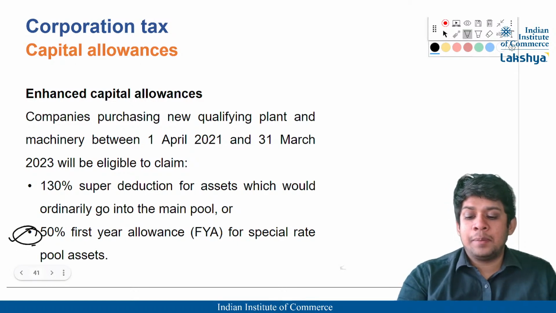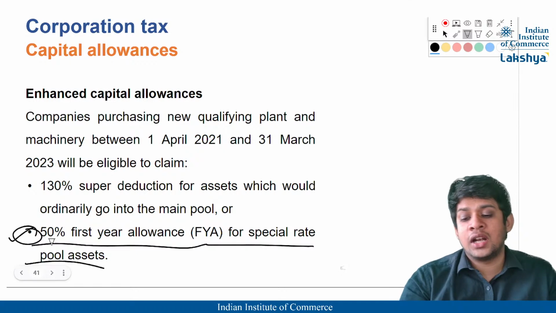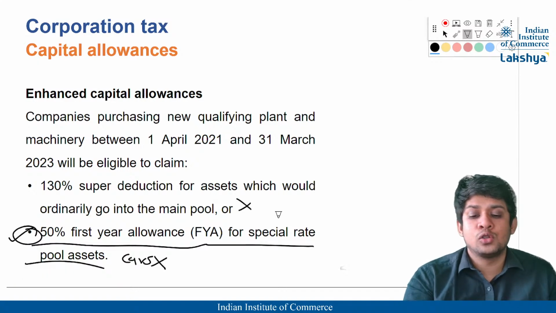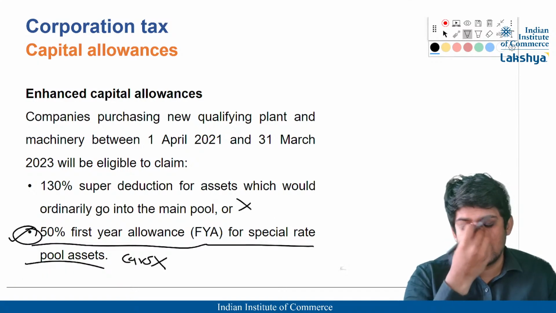Then also there is a 50% first year allowance for special rate pool assets. It mainly includes your assets except for cars. On cars there is no FYA, there is no super deduction.